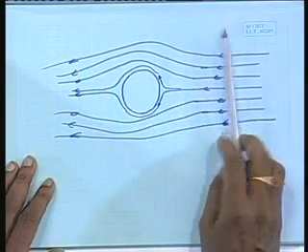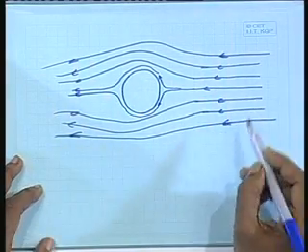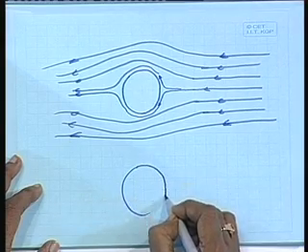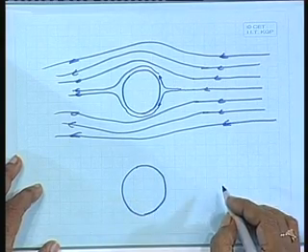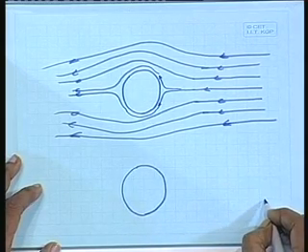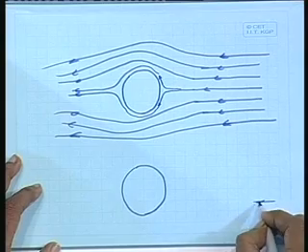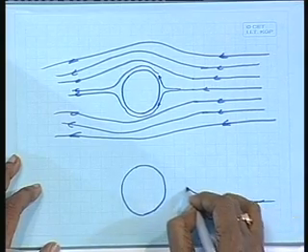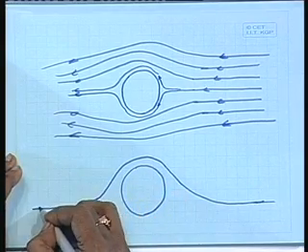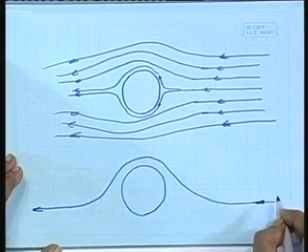Now, if we put a vortex flow on top of it, what happens? This is the cylinder, and if there is a vortex flow superimposed on this streamline flow, flow will go like this.